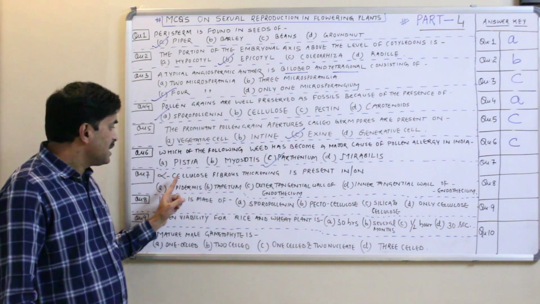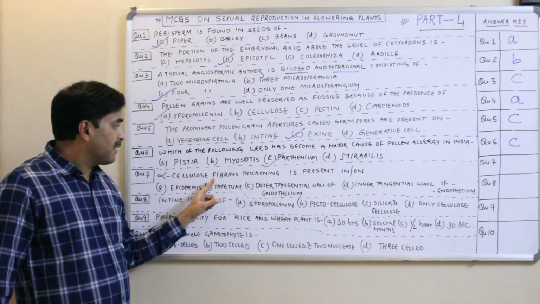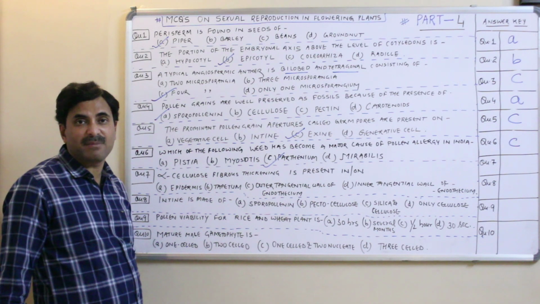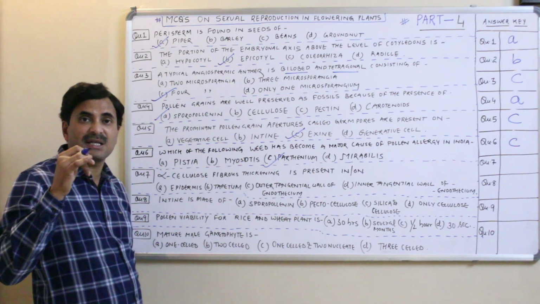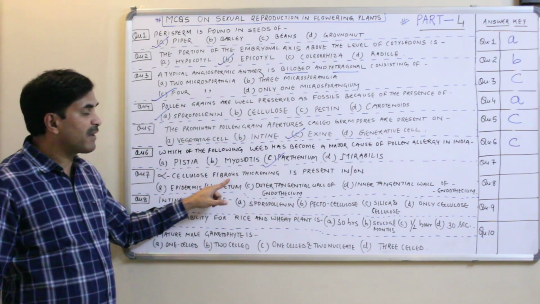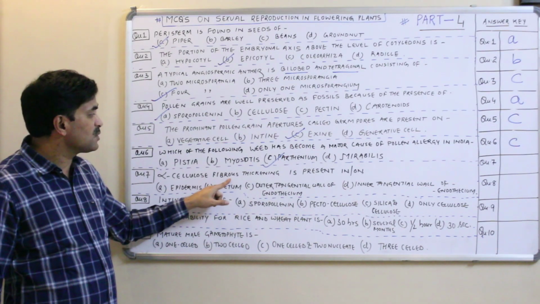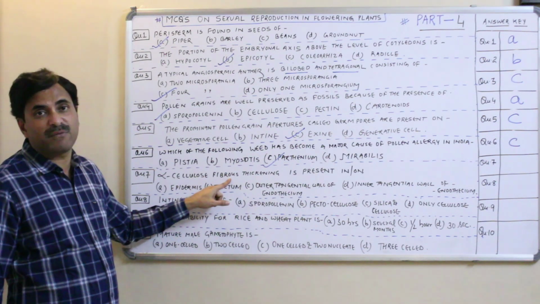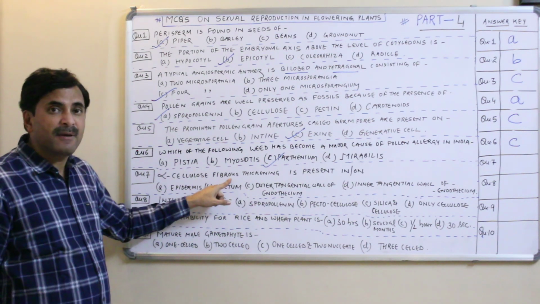Question number 6 has the answer C. Question number 7. Alpha cellulose fibrous thickenings are present in or on. Whenever we study the anther walls, we know that the anther wall is surrounded by 4 layers: the epidermis, then the endothecium, then the middle layers, and then the tapetum. Alpha cellulose fibrous thickenings are a feature of the endothecium layer, and they are found on the inner tangential walls of the endothecium.